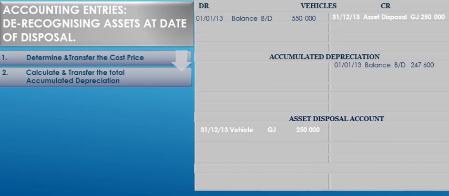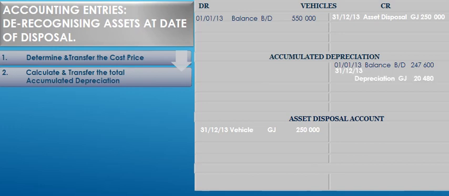The second step will be to calculate and thereafter transfer the total accumulated depreciation of the asset that is being disposed of to the asset disposal account. We will therefore first reflect the fact that the asset that we are disposing of was used in the current year. We have used it for a period of 12 months.